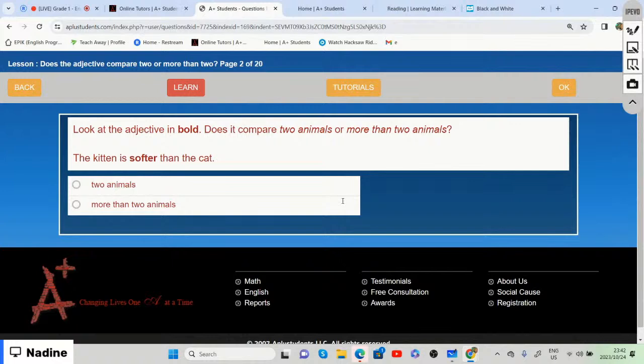And softer, yes, we can say we are comparing two animals, because we are comparing how soft the kitten is compared to the cat. So well done. Two animals is correct.